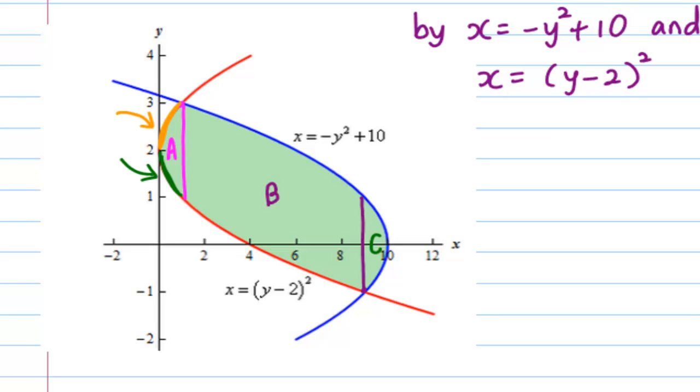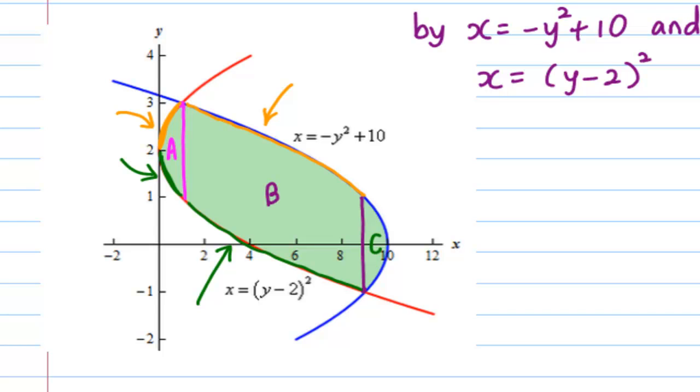The same thing goes for region B. For region B, the upper curve is this portion here, and the lower curve is this portion. So the same thing goes, I need to find the equation of this graph, y being in terms of x, as well as this graph.